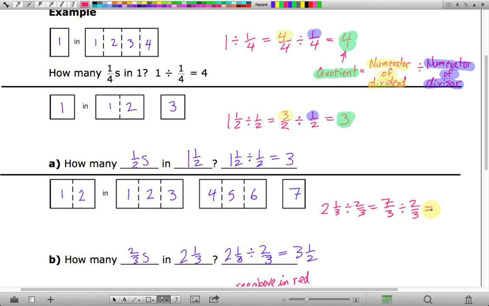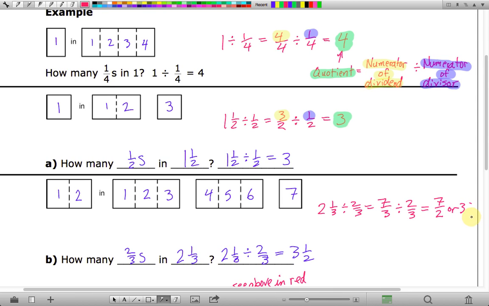And to get the answer to this division question, I simply do 7 divided by 2. 7 divided by 2 can be written as 7 over 2, or you can change that into a mixed number again. How many times does 2 go into 7? 3 times with 1 left over. So that's 3 1/2.